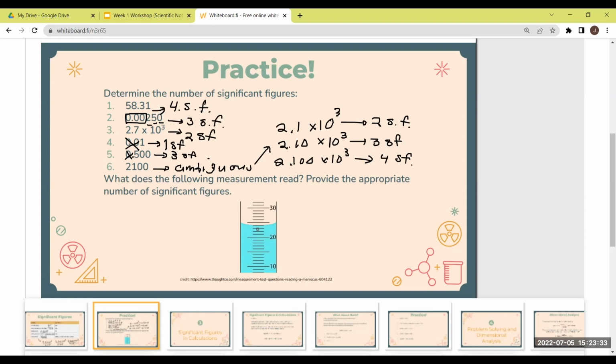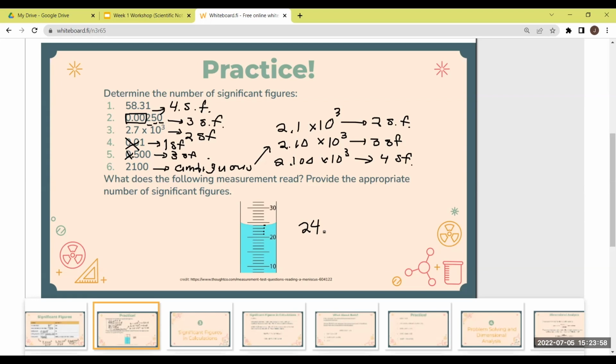So if we count this graduated cylinder, we have 20, 21, 22, 23, and then 24. So we can report this measurement as 24.0, and there are no units on this one, so you don't need to report units on this particular example.